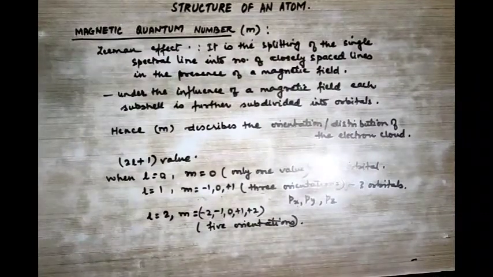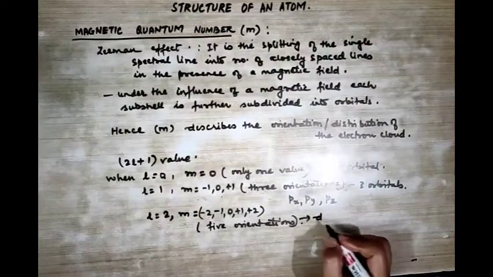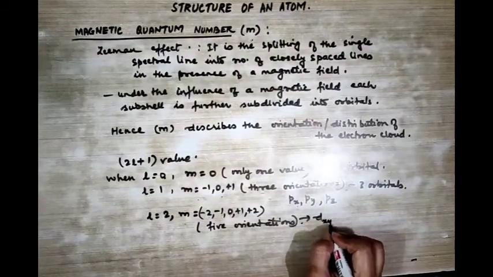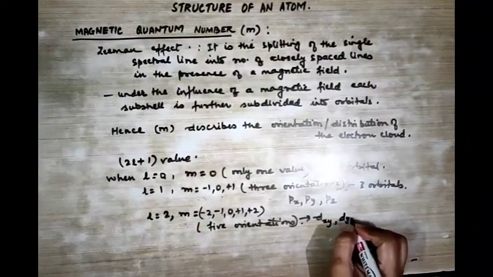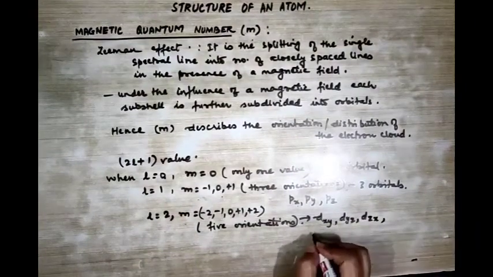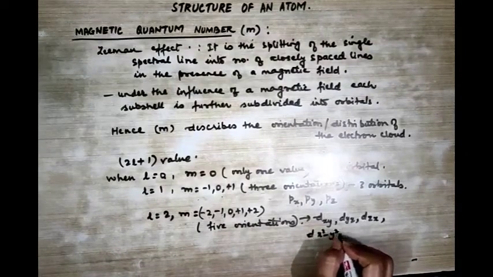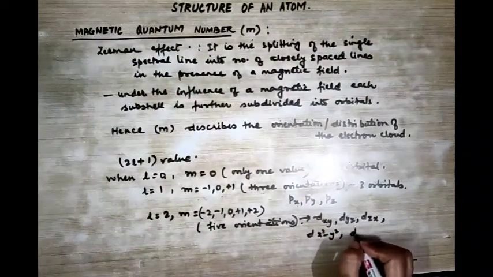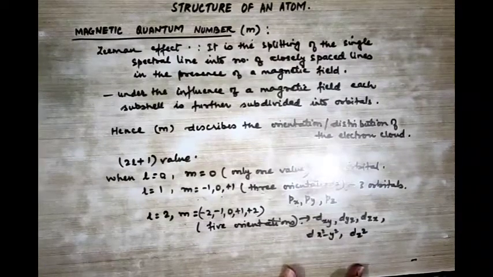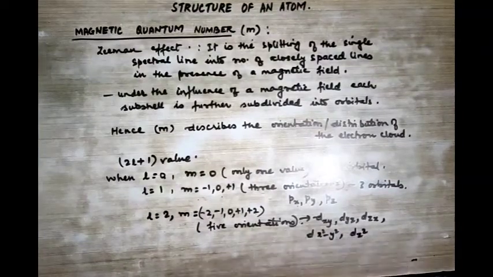What are those 5 orbitals? The d subshell has 5 orbitals: dxy, dyz, dzx, dx square minus y square and dz square. Got it? So over here you are going to find these 5 orbitals.